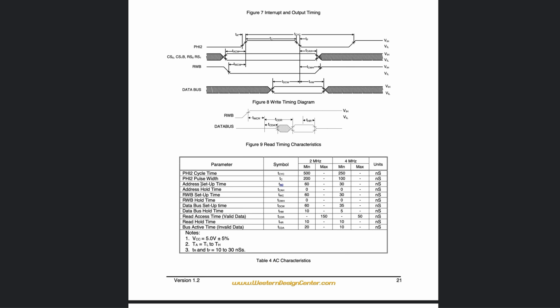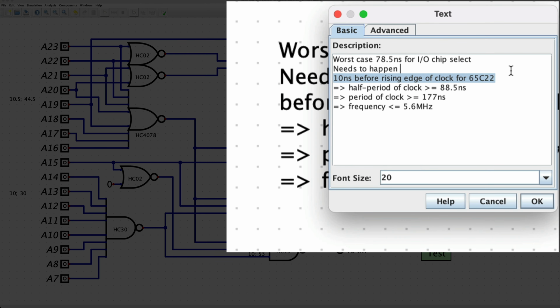In the table down here, you don't have TACW, you have TAC. I think that's a typo, but it's the address setup time and it's a minimum of 30 nanoseconds at 4 megahertz. So the IO chip select needs to happen 10 nanoseconds before the rising edge of the clock for the 65C22, but 30 nanoseconds for the 51.